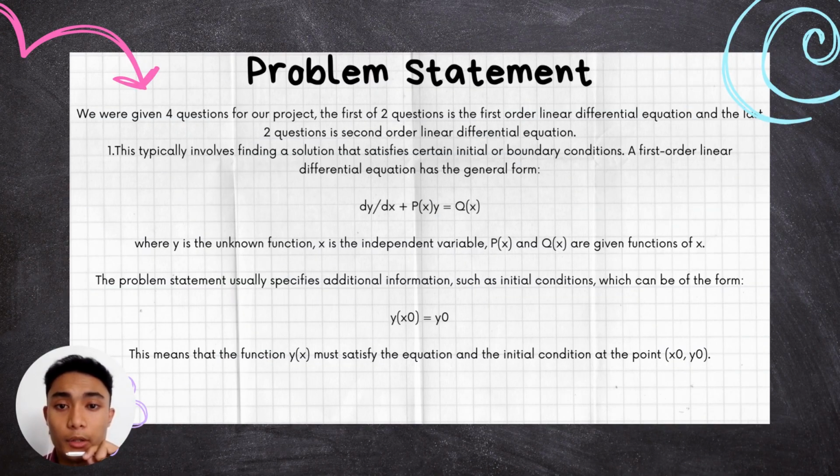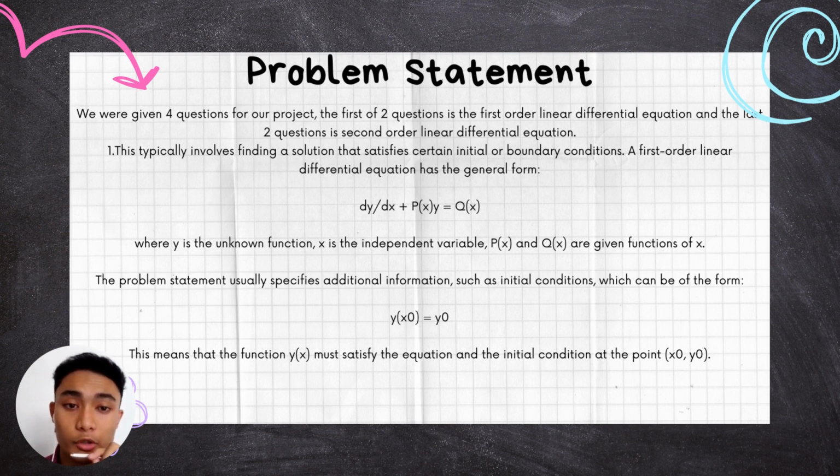The problem statement is, we were given 4 questions for our project. The first 2 questions are first order linear differential equations, and the last 2 questions are second order linear differential equations.